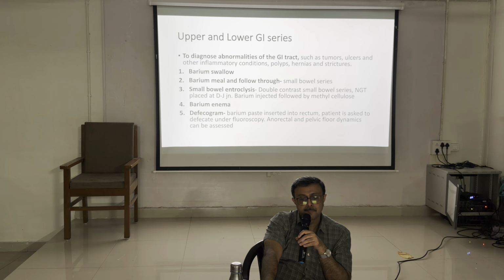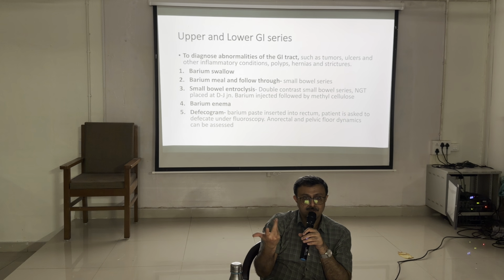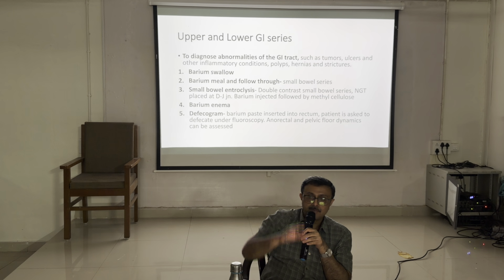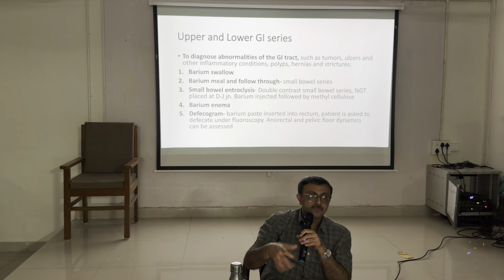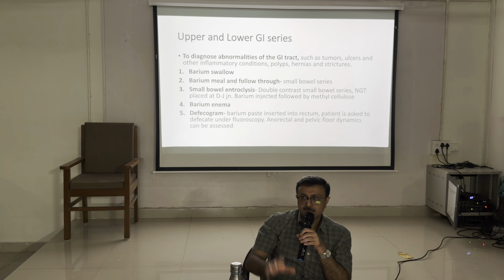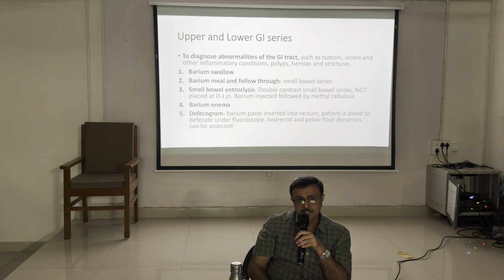Virtual colonoscopy. Defecogram, again it is a functional study. Defecogram: the patient has chronic constipation. We cannot identify things otherwise, so we inject the dye with an enema and then ask the patient to defecate, and see the movement, how the dye is passing. Sometimes it is inertia, colonic inertia.